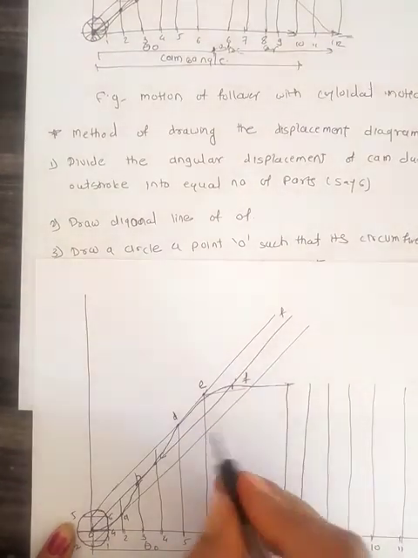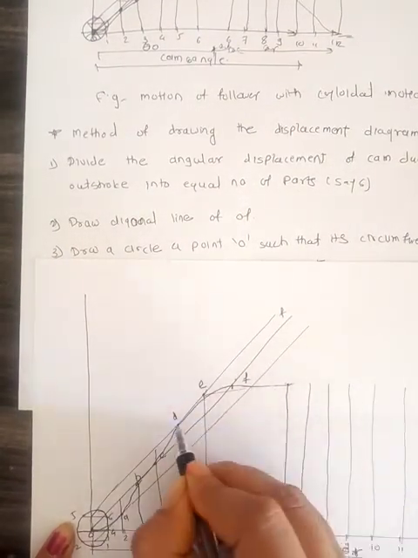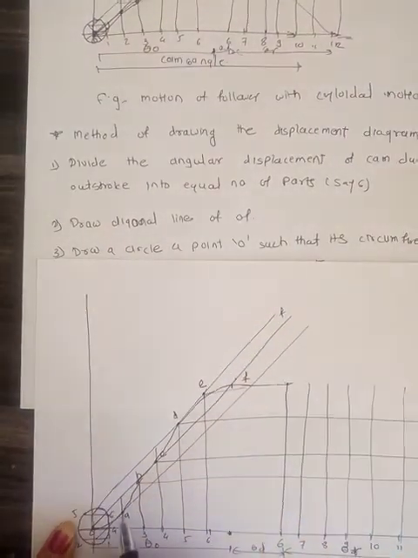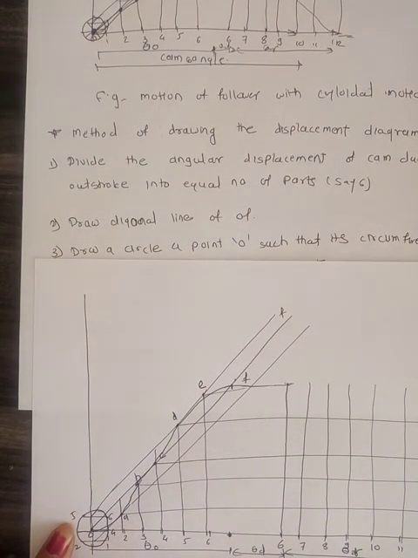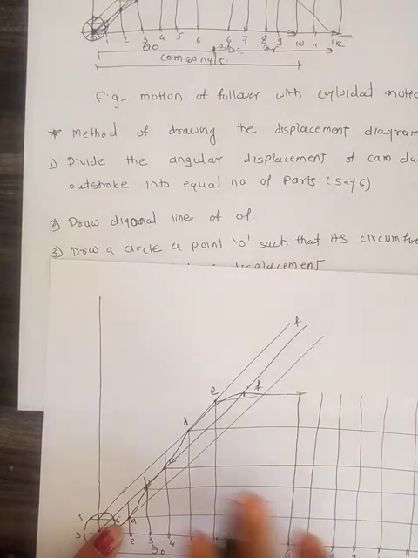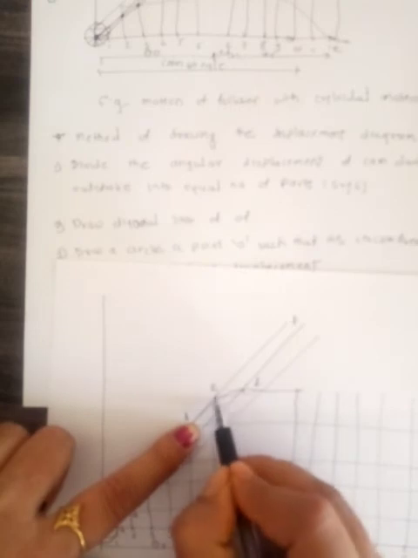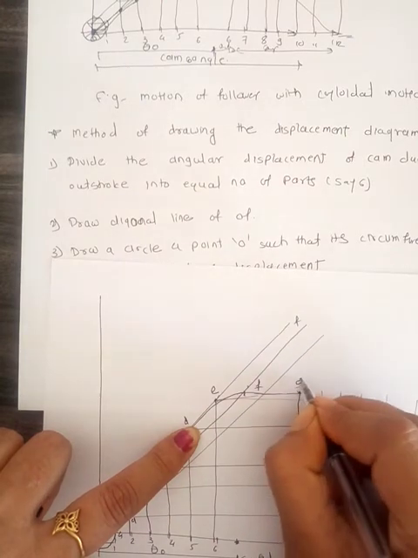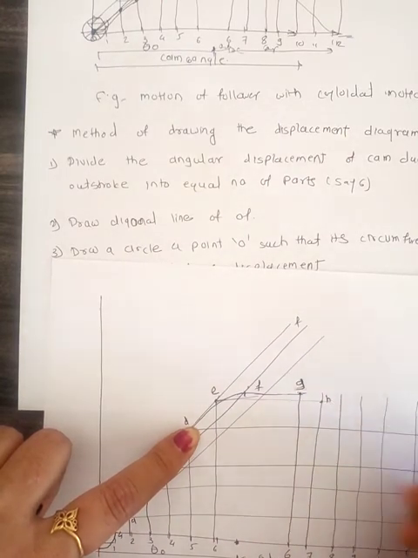Again the projections, this projection, this projection, this projection. F, G. This is G. This is H, I, J, K, L, and this is M.